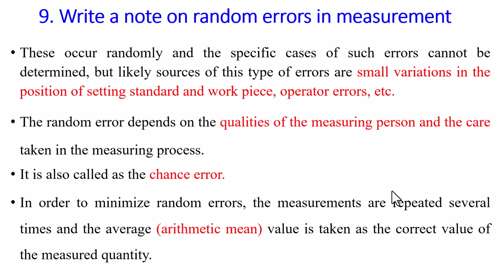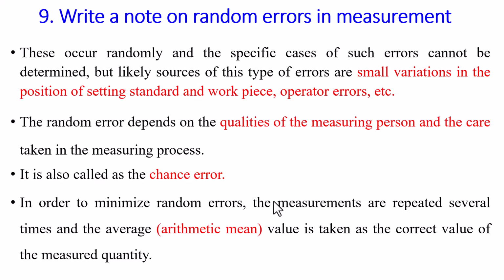But likely sources of this type of error are small variations in the position of setting standard and workpiece, operator error, etc. Random errors depend on the qualities of the measuring person and the care taken in the measuring process. It is also called chance error.